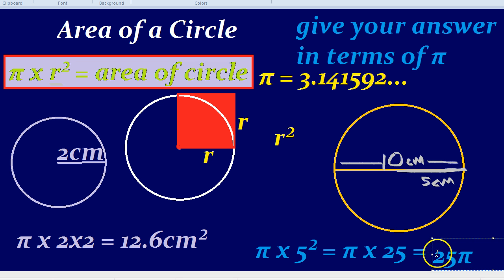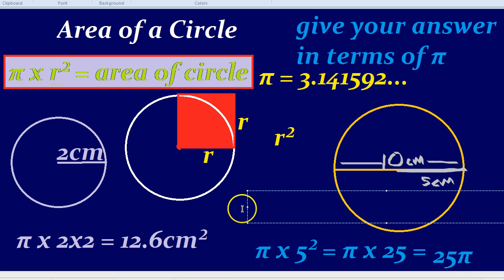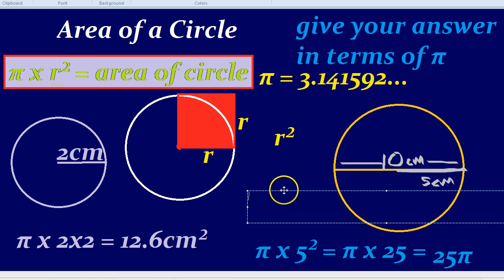If it's a calculator paper, they would ask you maybe for 2 decimal places or 3 significant figures, in which case you would have to do on your calculator 25 times pi, which to 2 decimal places is 78.54 centimeters squared.